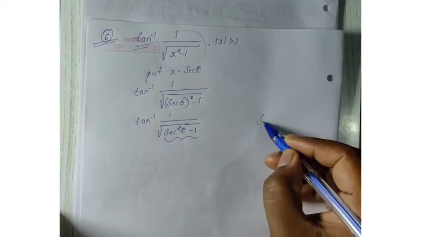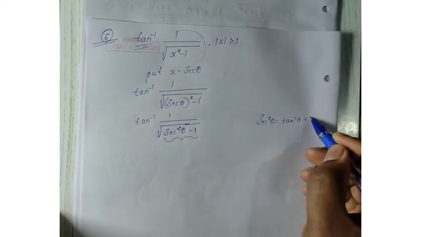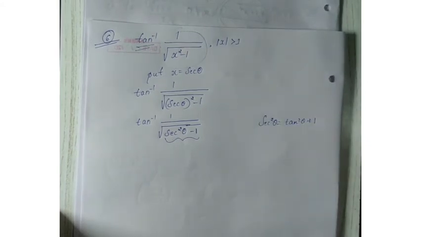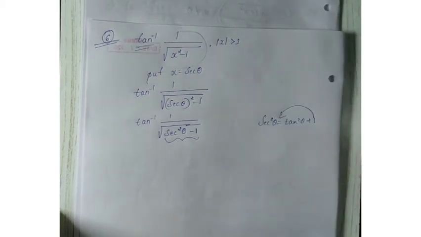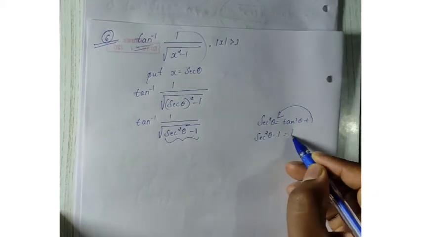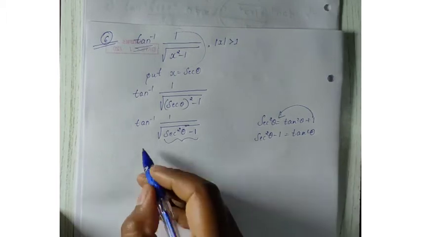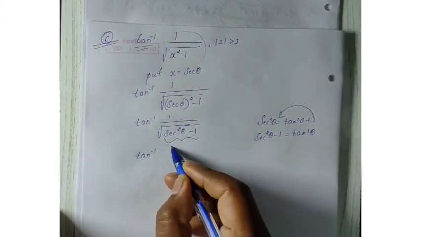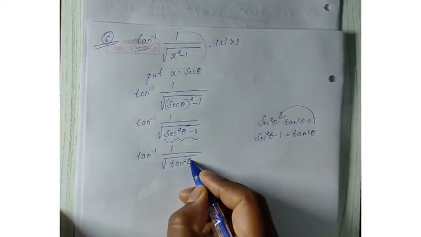We know that secant square theta is 1 plus tan square theta. By shifting 1 to the LHS, you'll get secant square theta minus 1 as tan square theta, right? Just replace it. Therefore, tan inverse 1 divided by root tan square theta.